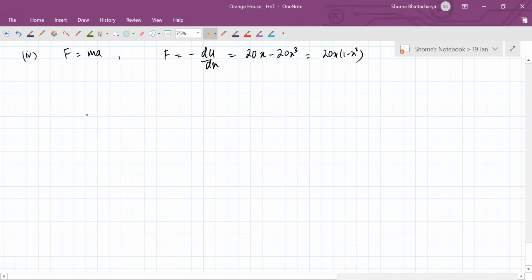Okay. So at x equal to 0.5 meters, force will become 20 into 0.5 into 1 minus 0.5 square. So that is 10 into 1 minus 0.25.